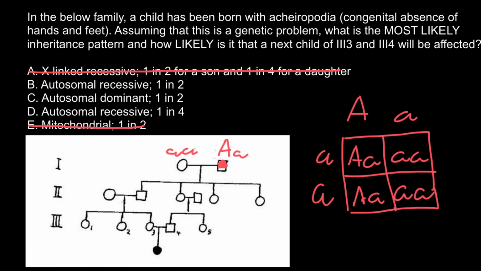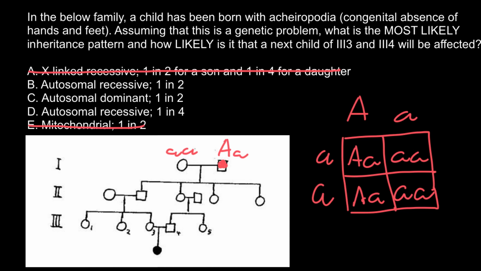But in order for this female to be affected, this defective allele somehow has to be inherited either through the mother's side or through the father's side. So this is the father's side and this is the mother's side, and we see that none of these people are affected.